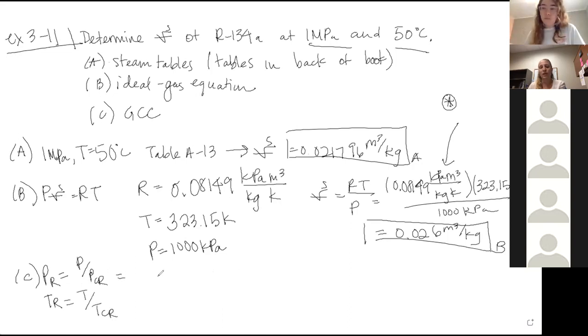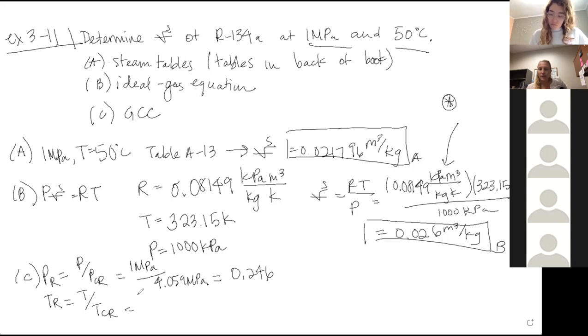So our pressure here is 1 megapascal. And our pressure critical, which is also in table 1 for R134A, is the same as last time, 4.059 megapascal, which gives us a P reduced value of 0.246.